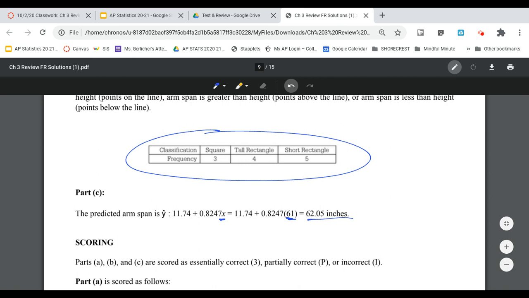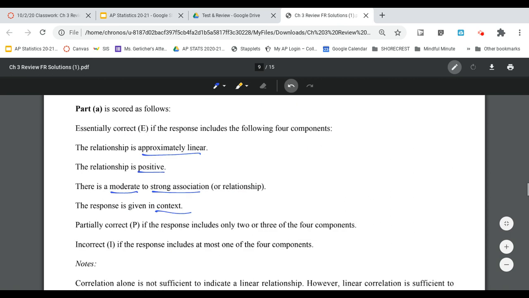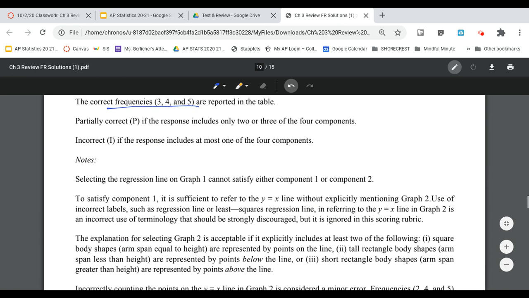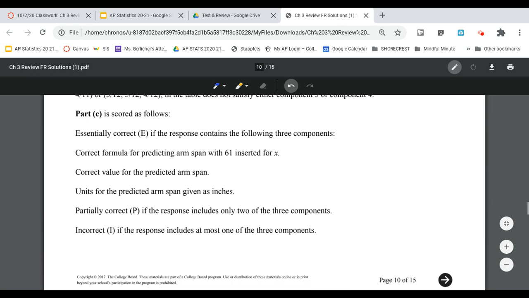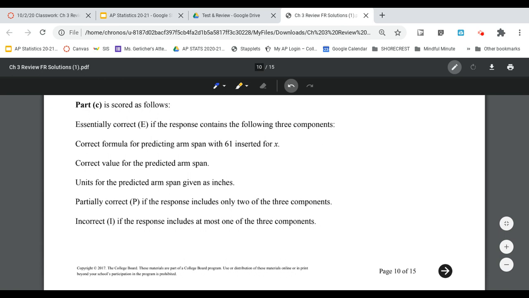Let's look at how they scored it. It needs the correct formula with 61 plugged in for x, the correct answer, and units on it. That would get you full credit.